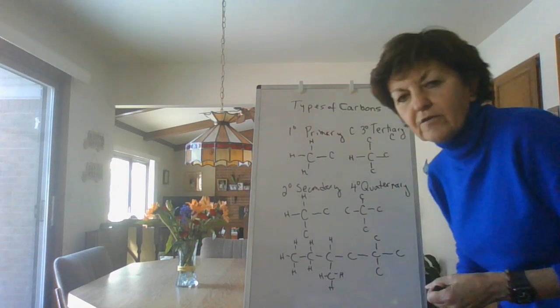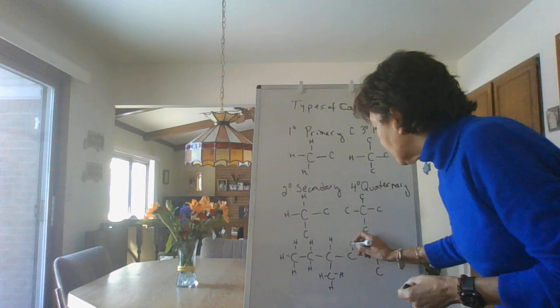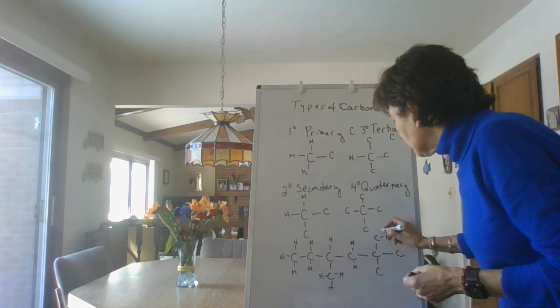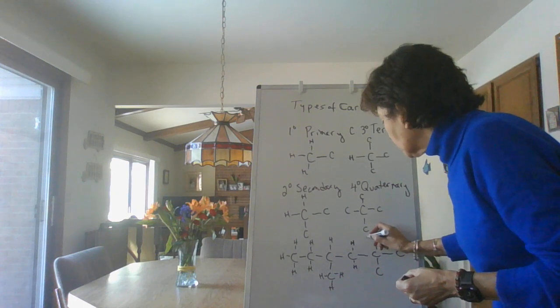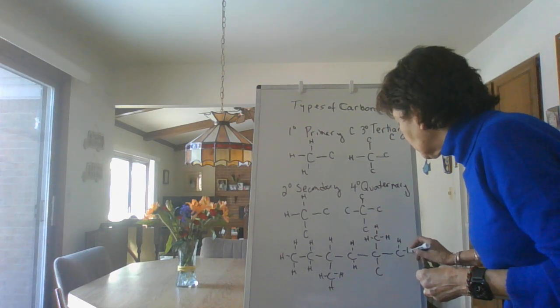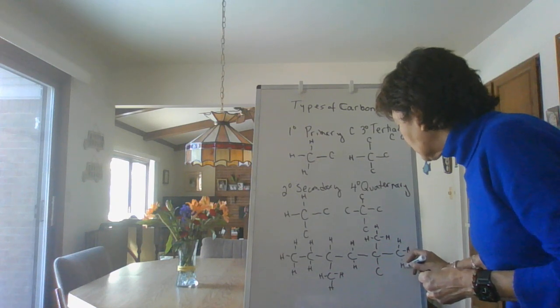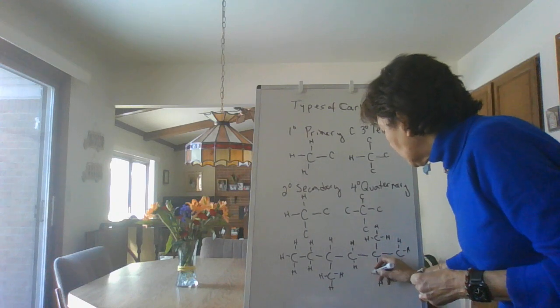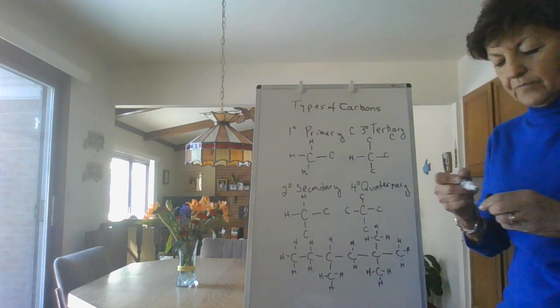Here are all the hydrogens, okay? I'm going to put them all in, and then I'm going to ask you to look at this molecule and determine which carbons are primary, which are secondary, which are tertiary, and which are quaternary, okay?